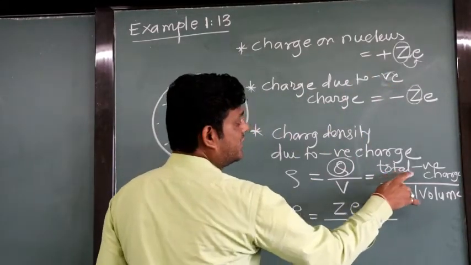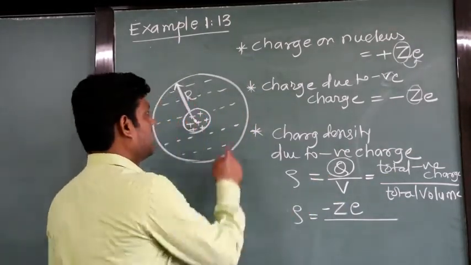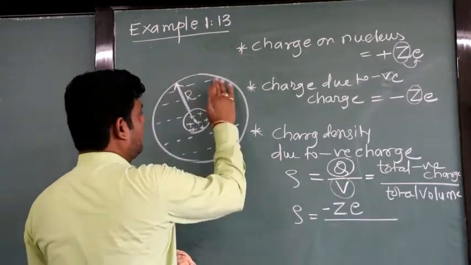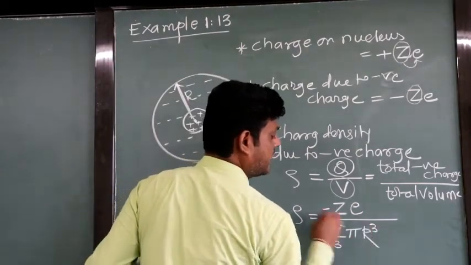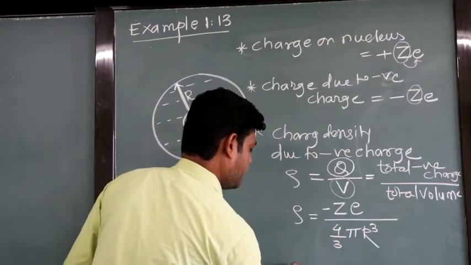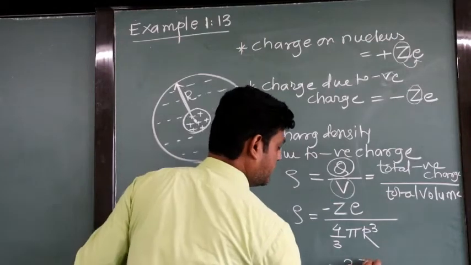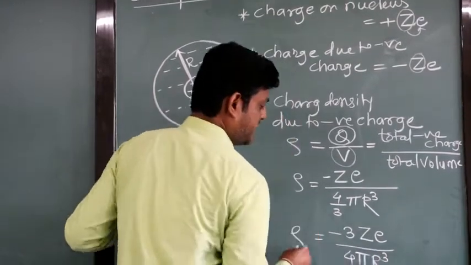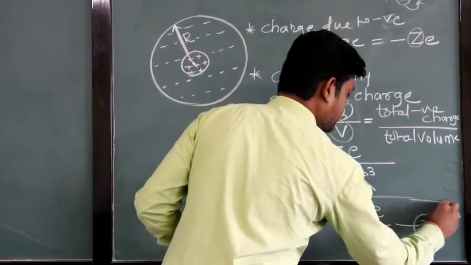Z into negative charge, meaning minus ZE, the total charge due to the negative charge particles. What is the volume? The volume of the atom is 4 by 3 pi r cube. So the 3 comes on the upper side. So the negative charge density is minus 3ZE divided by 4 pi r cube. This is equation number 1, the negative charge density.